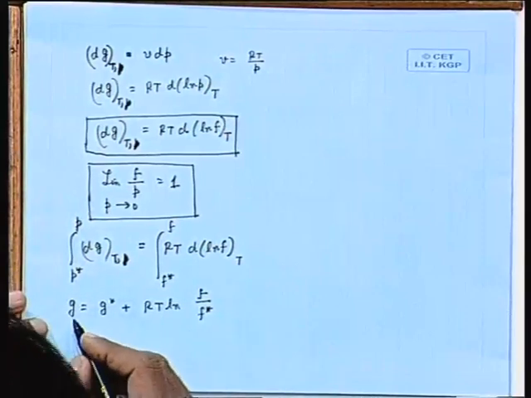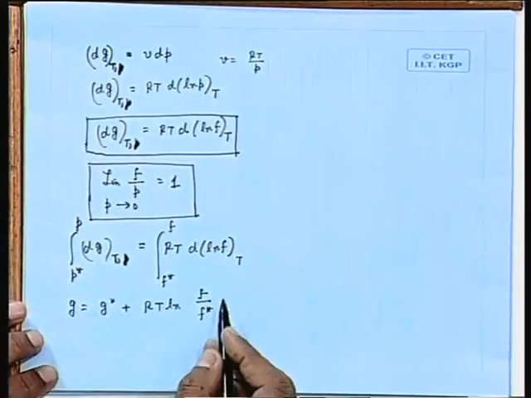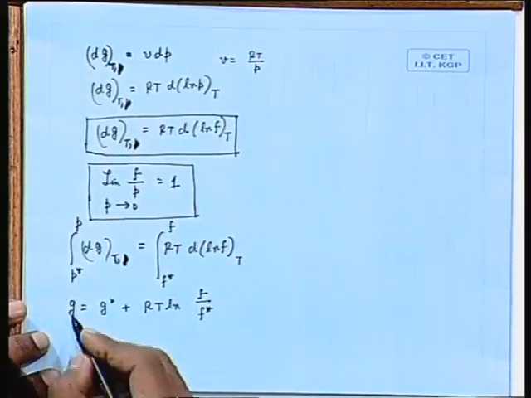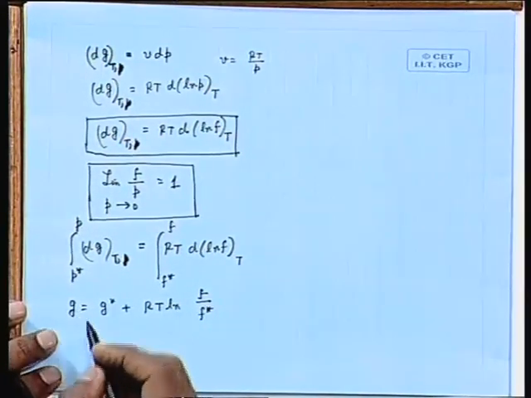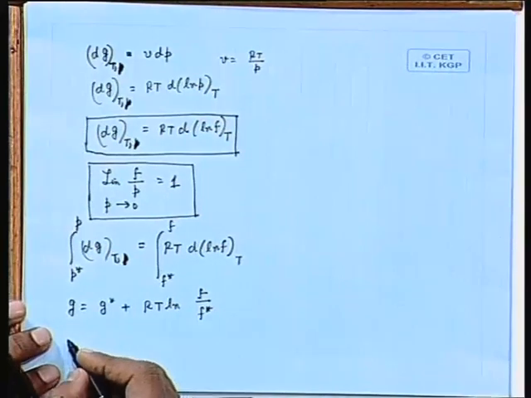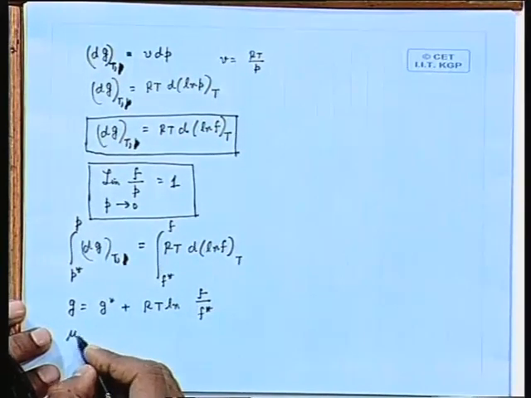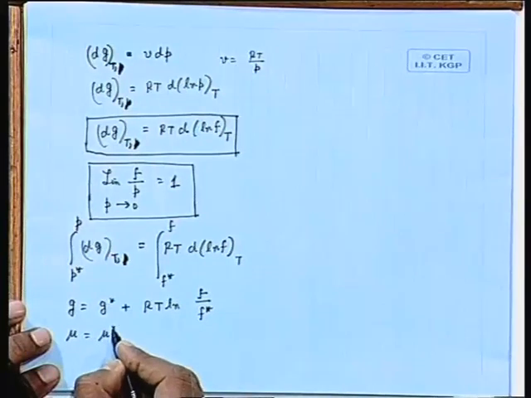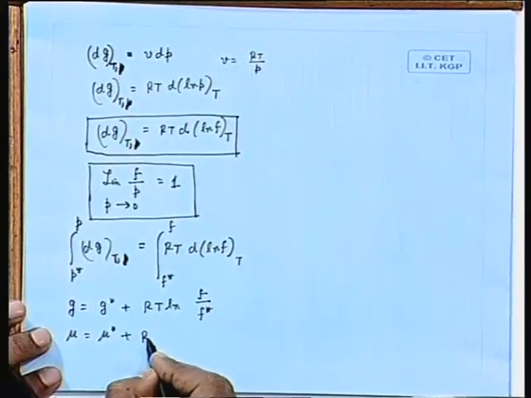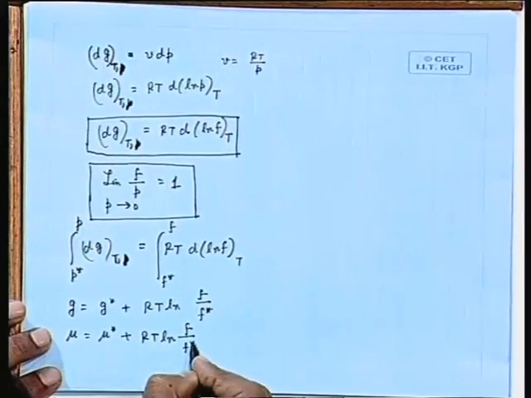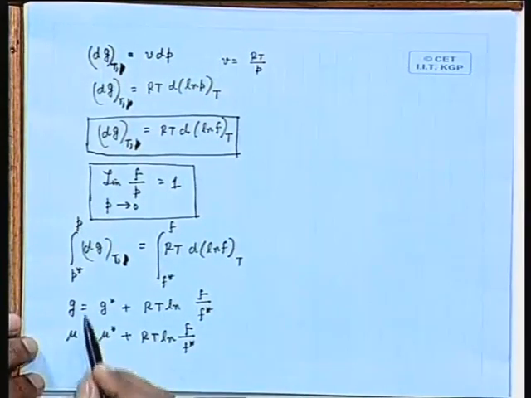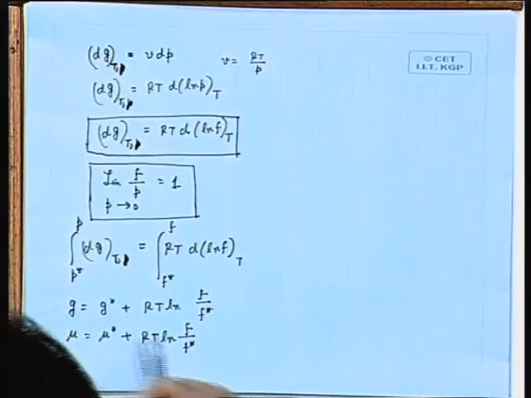As we have seen earlier from the study of multi-component systems, the molar Gibbs function of any component is equal to its thermodynamic potential, mu star plus RT ln f, but here we are using a single component system.